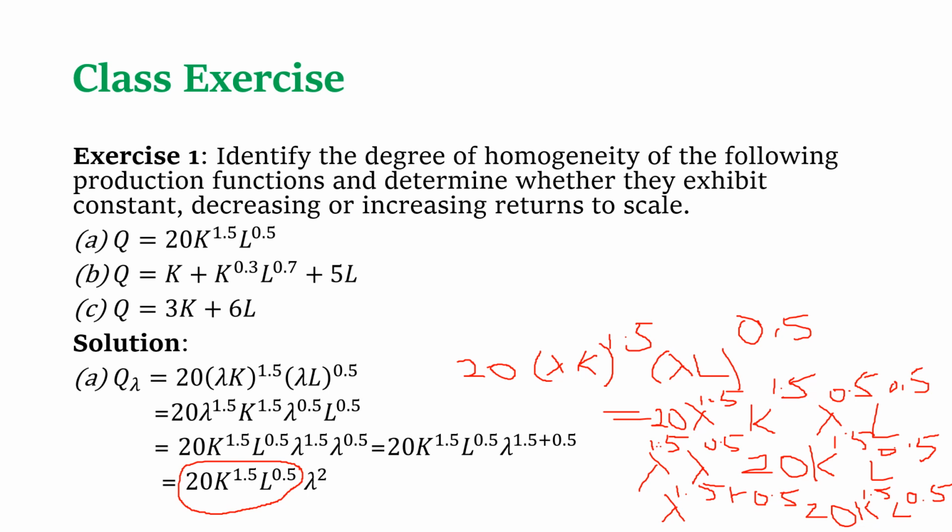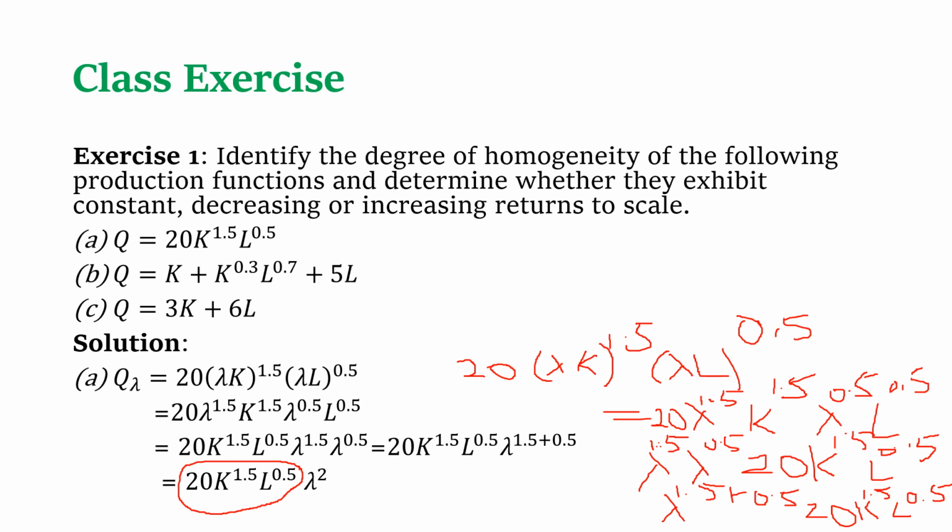Now, this is how we try to increase the inputs, all inputs. And then what happens to the outputs? Output is going to increase by this factor raised to the power. So this power here is the degree of homogeneity. And since it is equal to 2, then the degree of homogeneity is 2. In other words, we say this production function is homogeneous of degree 2.